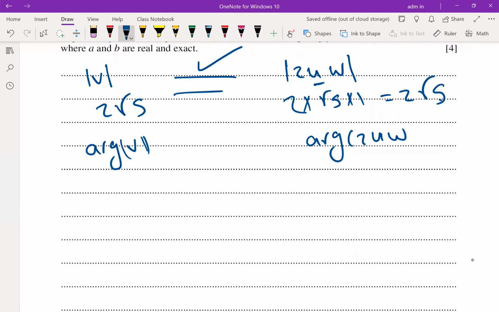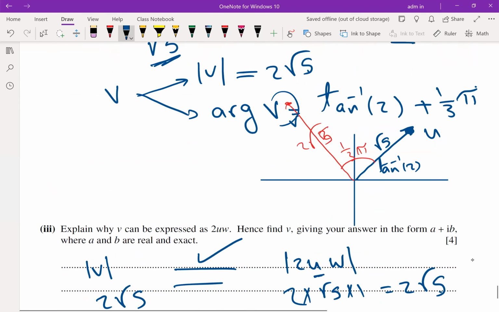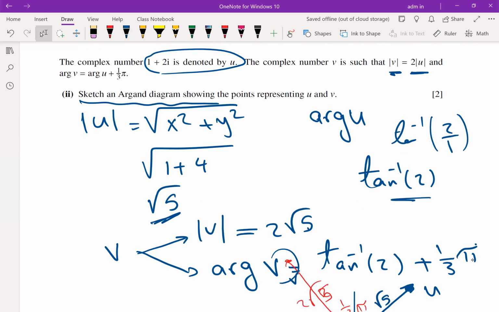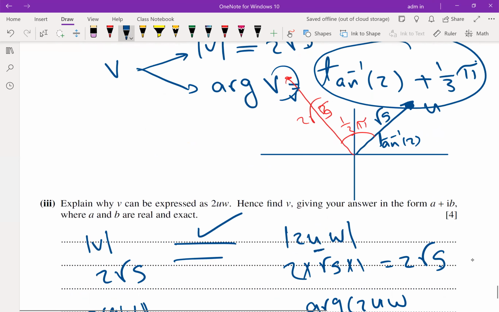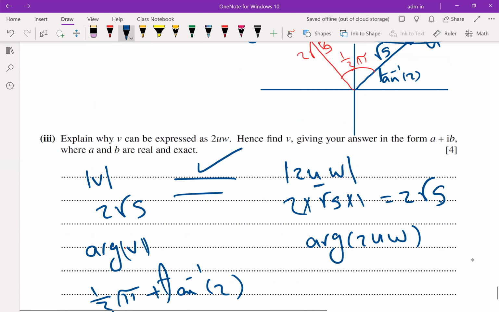The argument of V is π/3 plus tan minus 1 of 2. What is the argument of 2UW?